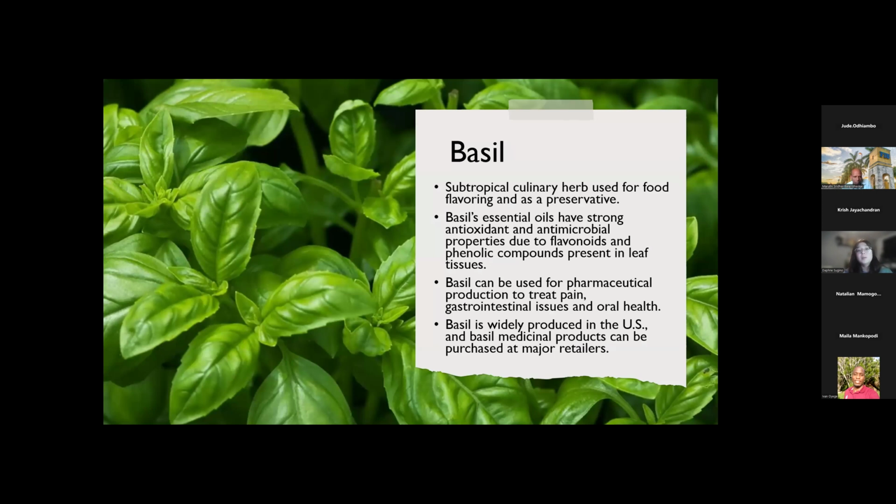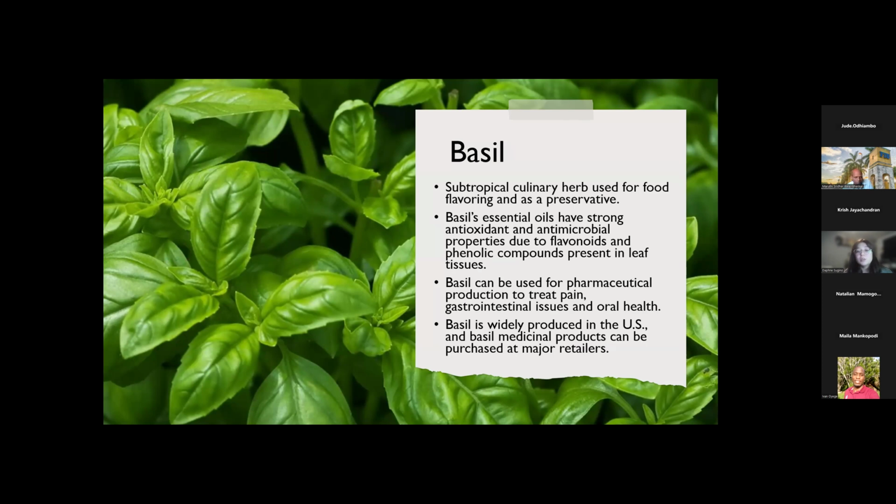To pivot a little bit, I'm going to talk about basil, since my second project is completely on basil. Basil is a subtropical culinary herb that's been grown worldwide as food flavoring and also preservatives. Although basil is primarily used as a spice, its essential oils can be used to make medicinal products for pain relief, gastrointestinal issues, and oral health.